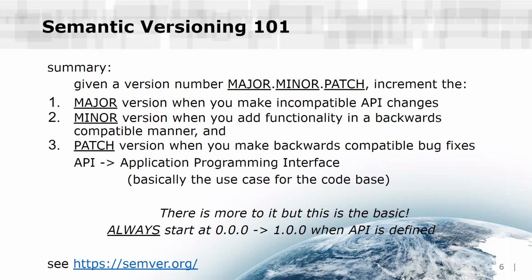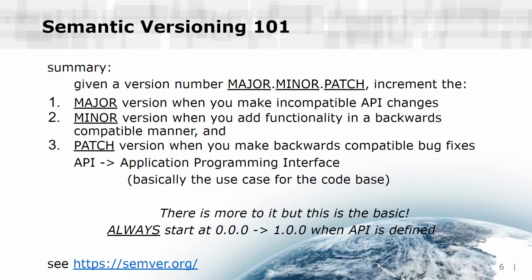So if I go from a 0 to a 1 in the major revision, it's because its backwards compatibility is absolutely broken. Typically it starts at 0.0.0, where we all kind of start, and you typically never hit 1.0.0 until you've defined what an API is. An API is basically your application programming interface.